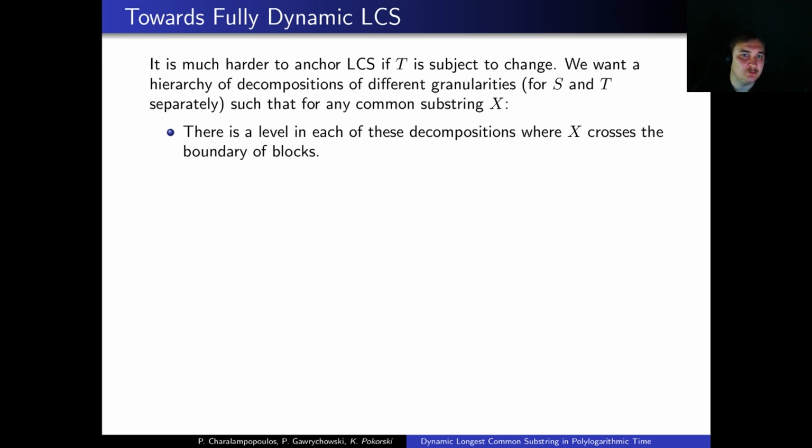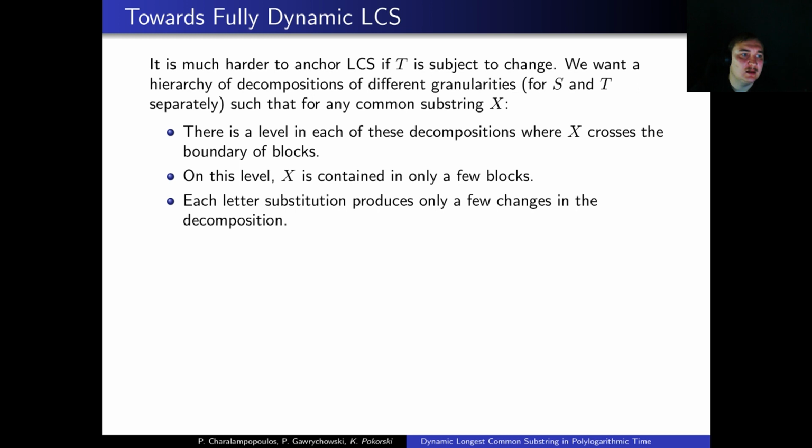So still we want to find a proper anchor from which we can go just a few blocks to the left and a few blocks to the right, and our full substring will be contained in there. Of course, we want to create such a structure in a way that each letter substitution produces only a few changes in the decomposition. Yes, so that's the idea.